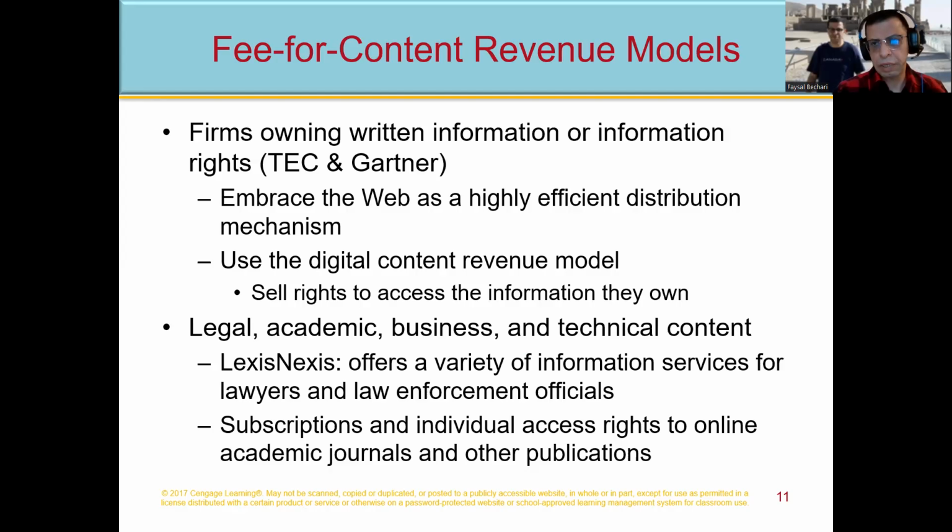You go there, you pay, and you get access to this information or the right to the information. And use the digital content revenue: the right to access the information, then own it. They own it. Then you have others like legal, academic, business, and technical content.